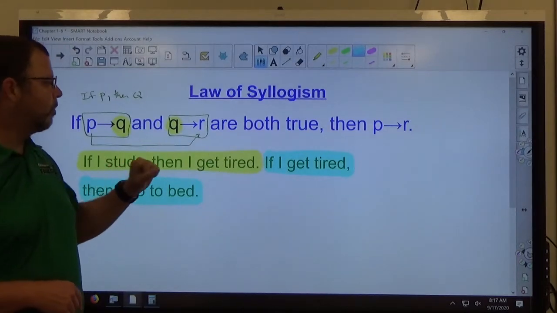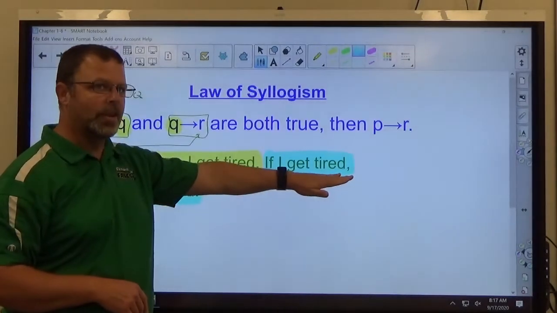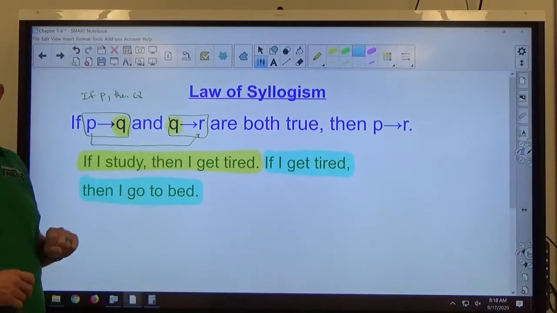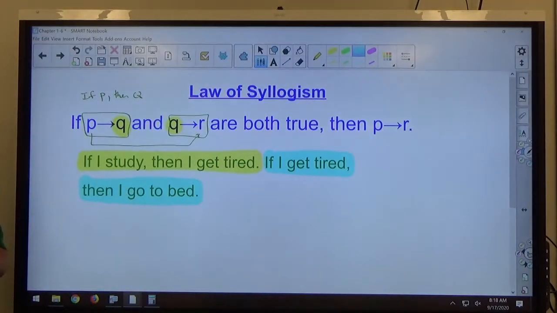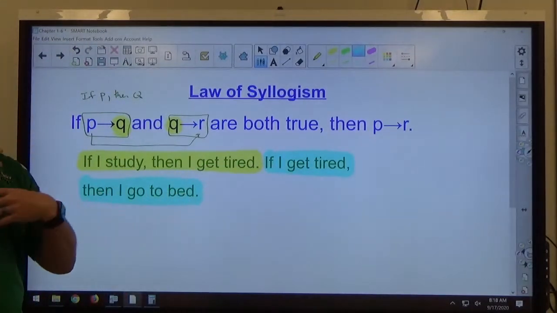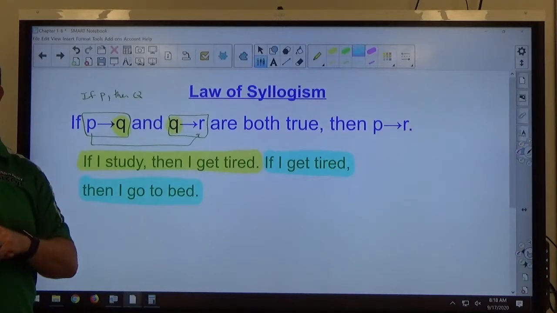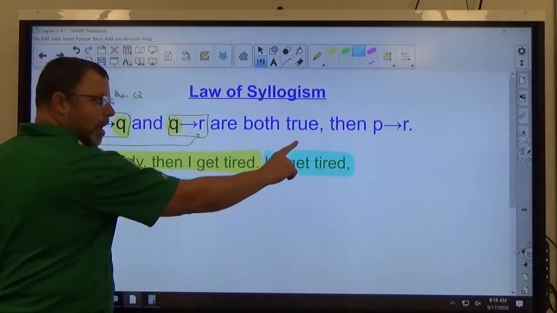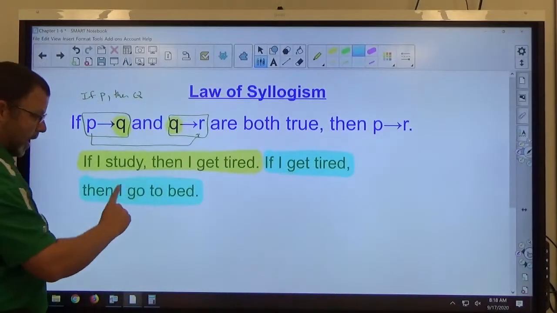The second conditional statement has the hypothesis, I get tired, which matches the statement here. It doesn't have to match word for word, it has to match in meaning. It doesn't have to be exact wording, but it has the same basic meaning. Again, conclusion 1 matches hypothesis 2, then I go to bed.